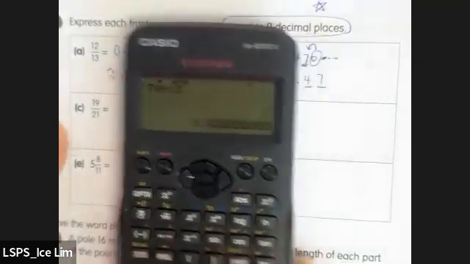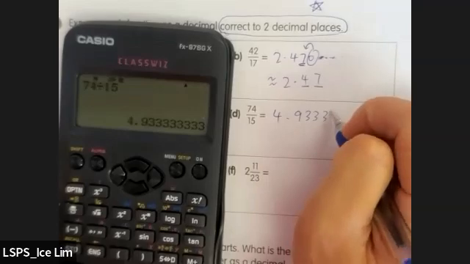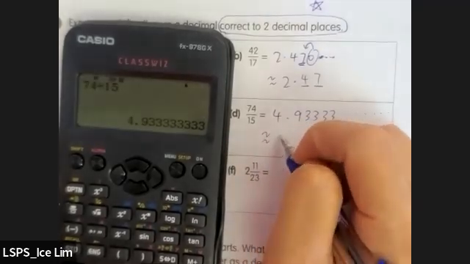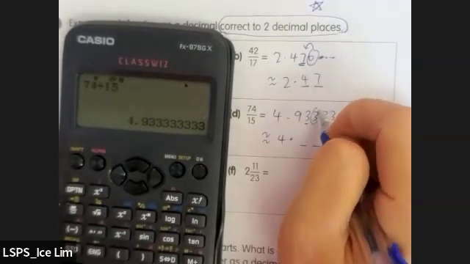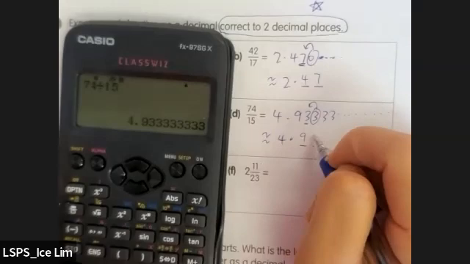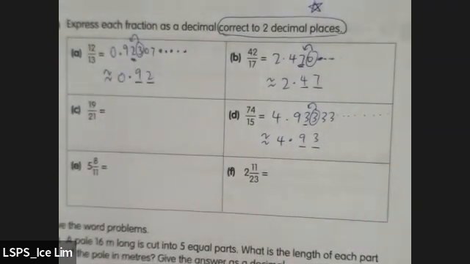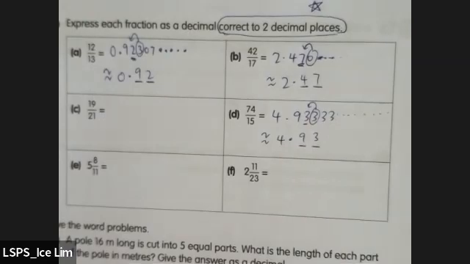Then I change it to a decimal. 4.93333333333. And I just need 4 point and then 2 decimal places. I just look at the third one to get 4.93. So okay so far? It really helps when you have a calculator for some questions, right?